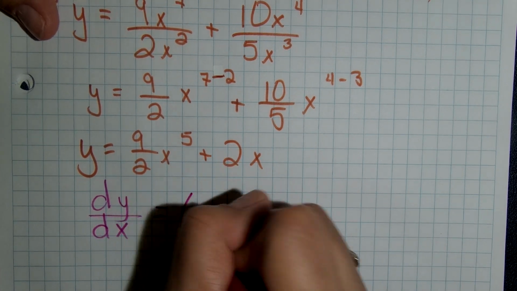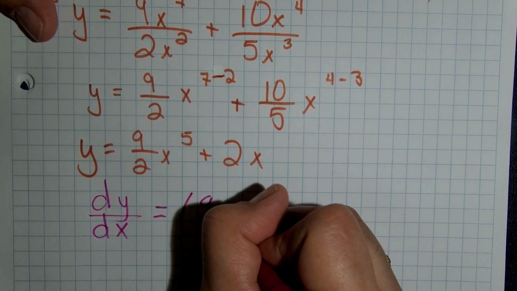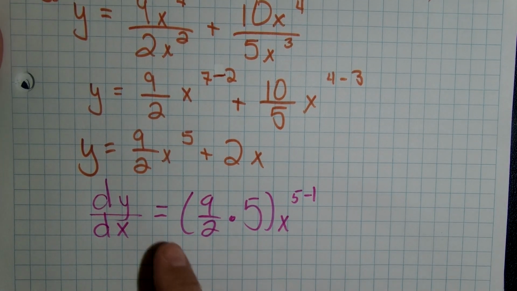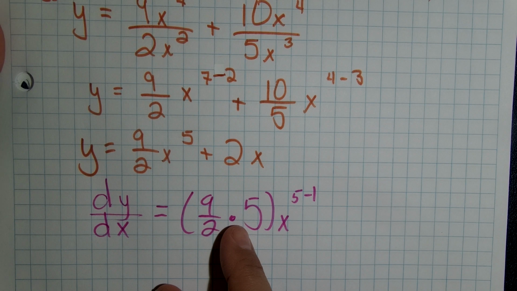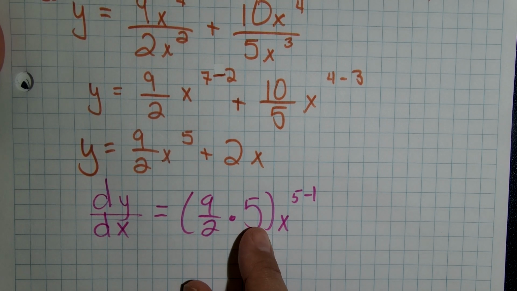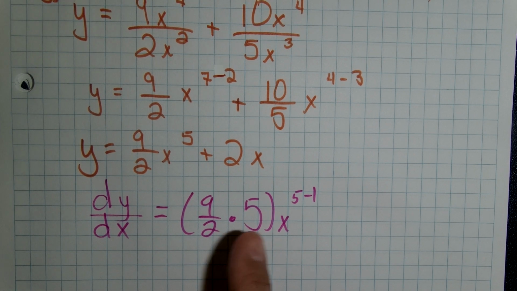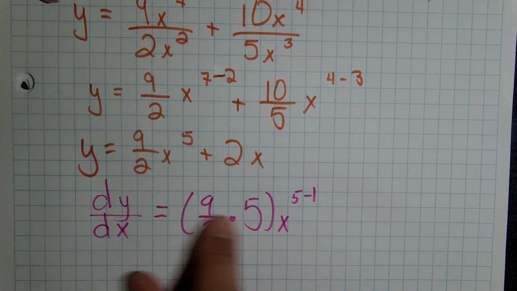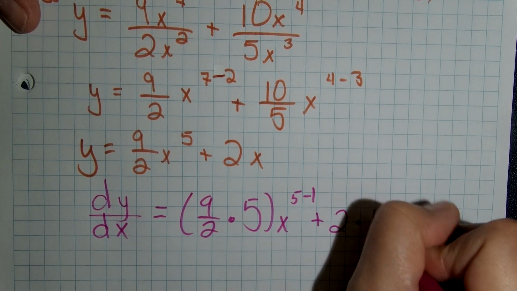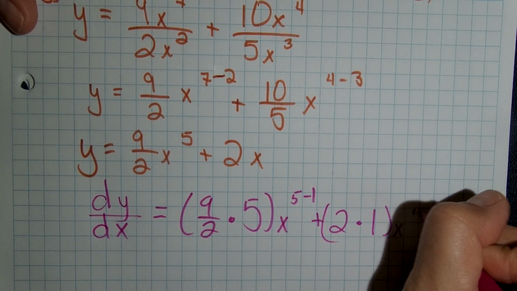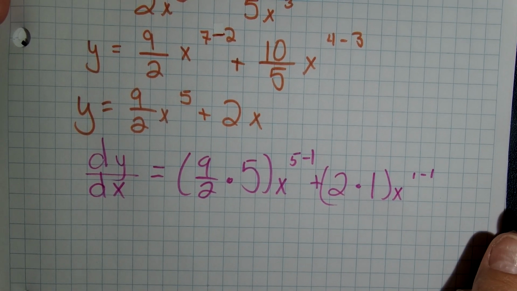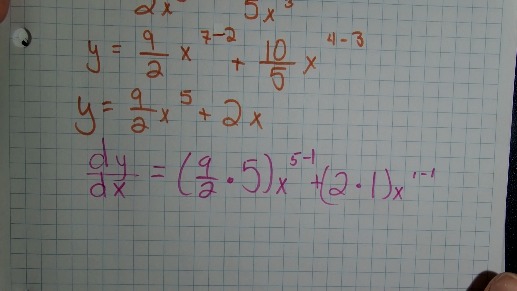I have 9/2 times 5 x to the 5 minus 1. Why am I multiplying specifically 9/2 and 5? Because it's the coefficient and the exponent, and that's what the rule says. Are there any questions so far?